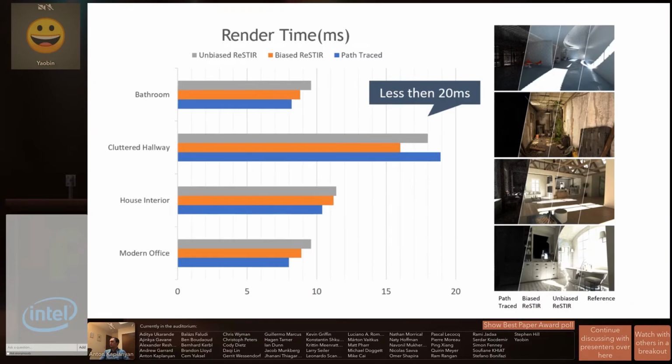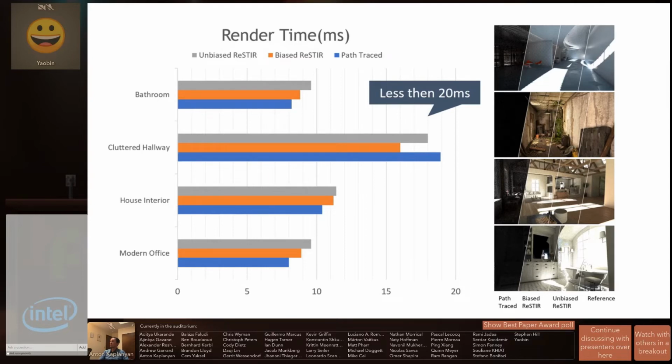Here is the comparison of render times. It should be noted that all results take less than 20 milliseconds, meaning that they are all real time. Usually, compared to 1 SPP 1 bounce path tracing, ReSTIR GI doubles the cost because it adds the sample reuse stage to the results of path tracing, which traces several shadow rays.